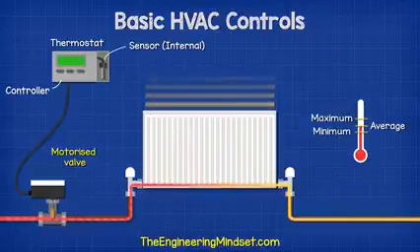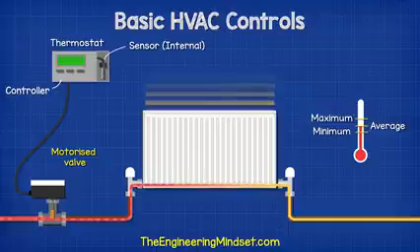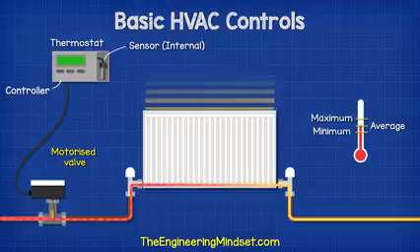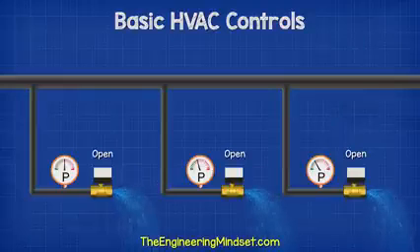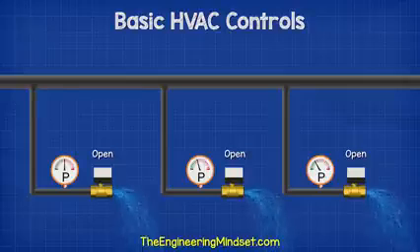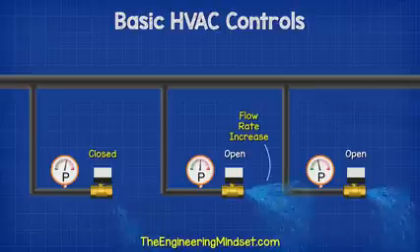Alternatively, a radiator or fan coil unit could use a motorized valve, which is controlled by a thermostat in the room. This will vary the flow rate of hot or cold water into the unit. This will vary the thermal output of the unit to match the demand. However, if a fixed speed pump supplies multiple units, then as one valve closes, it causes a pressure increase in the pipework, so the flow rate of water increases through the other valves.